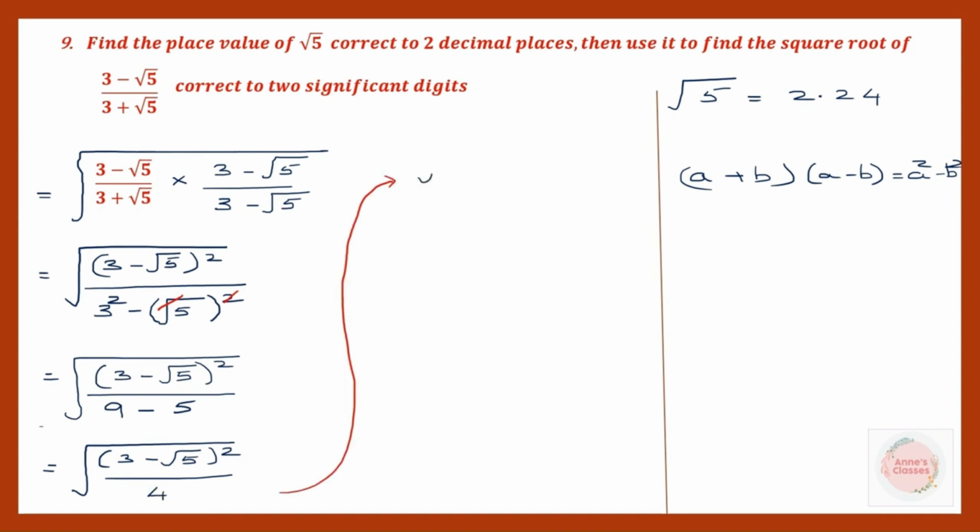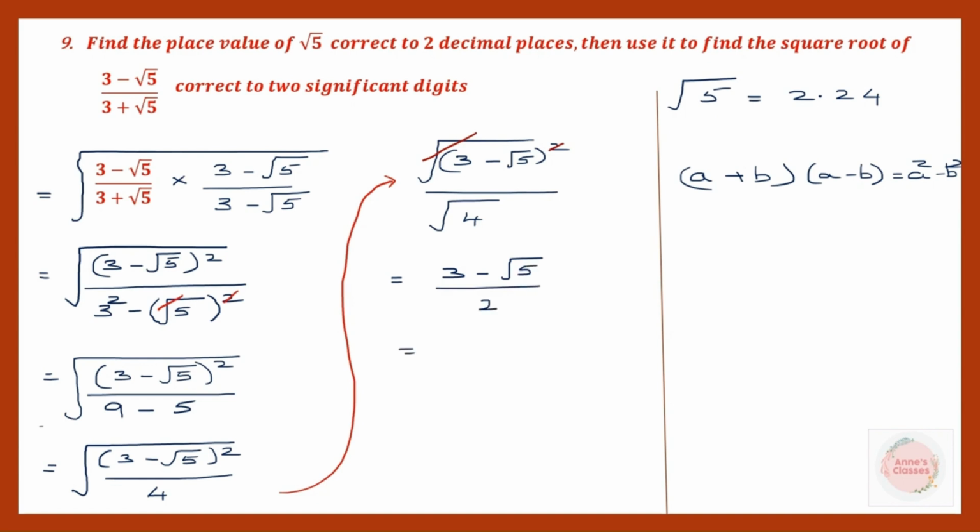Now this can be written this way, that is 3 minus root 5 the whole square, and down in the denominator we can write the square root of 4 separately. So this will be equal to, now here again you can cancel the square and the square root. So what is there is simply 3 minus root 5, and down the square root of 4 is 2, because 2 into 2 is 4.